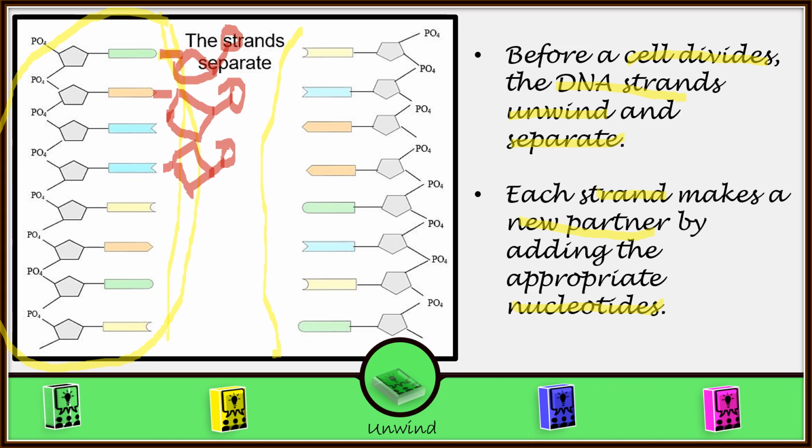The same applies to this one. It will also connect to a base and then another sugar and then a phosphate. It will go on connecting like that, another base, sugar, and then a phosphate. So these will connect together again and form another strand of DNA.